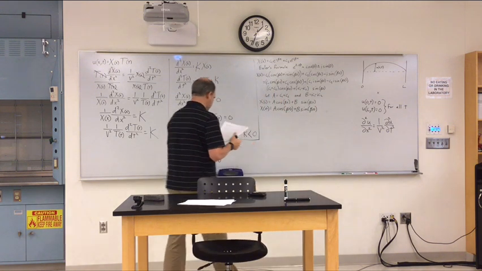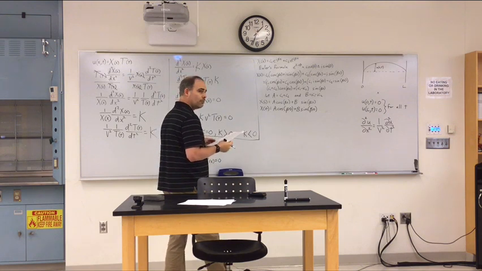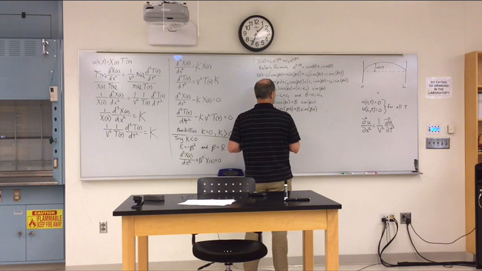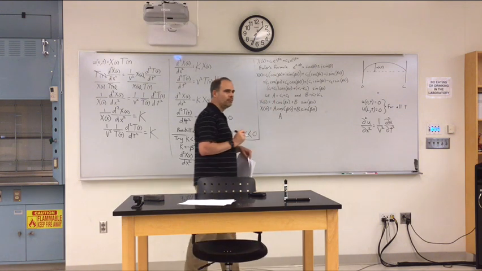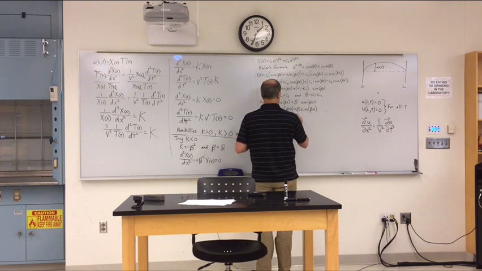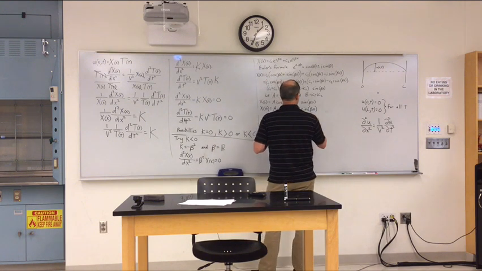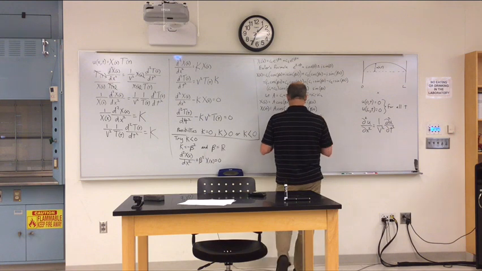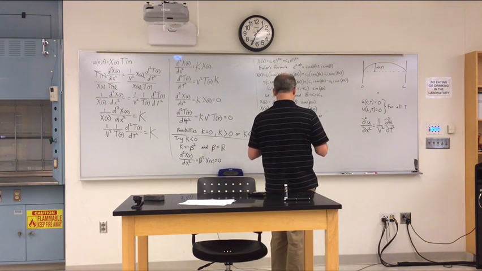Okay, the cosine of 0 is 1, so this gives us A. Sine of 0 is 0. A plus 0 equals 0. Therefore, A has to equal 0.